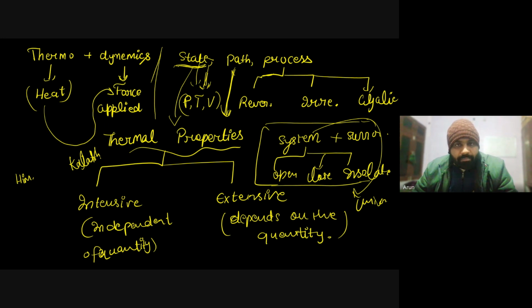So what I'm talking about is state, path, and process. Let's say we have two states. One is Himalaya, one is Kailash. We want to reach Kailash. We have a path. Now, the way which connects this state to this state, Himalaya to Kailash, is called the path.